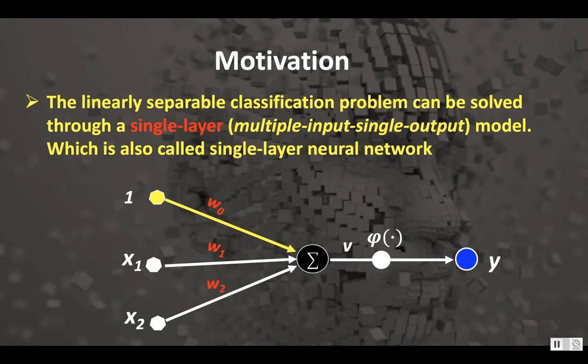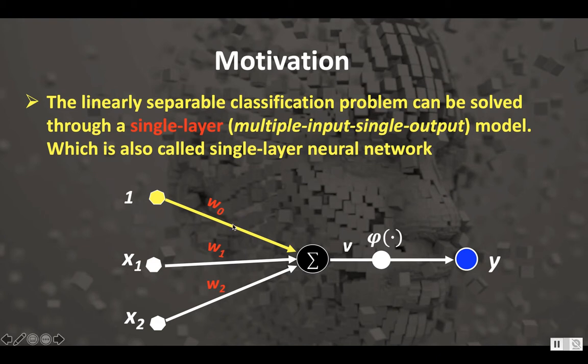Here, this is the single-layer perceptron. We have two inputs, x1 and x2, which are the coordinates of each pixel. We also have an extra input, 1, which works as the bias.